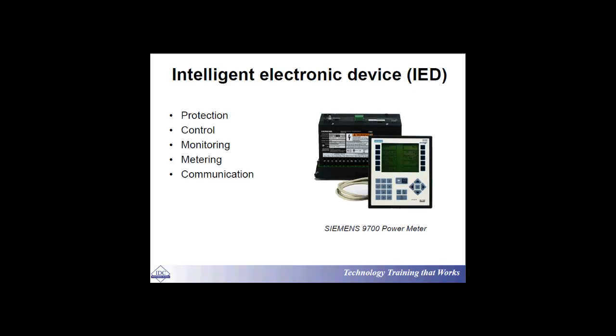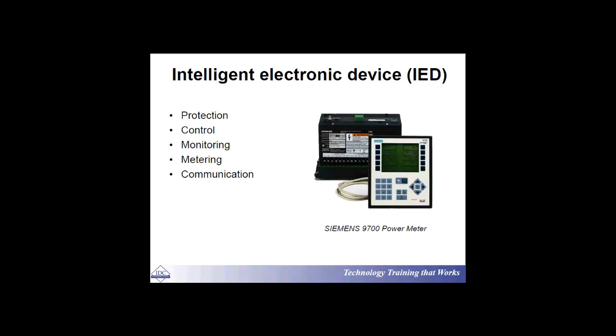You have got many different manufacturers like Siemens, like ABB, you have got Alstom, Areva, I don't know, things like this, Micom. You have got GE, you have got GEC, many different manufacturers. They all, SEL for example, produce these things that are responsible for protection, control, monitoring, metering, communication.